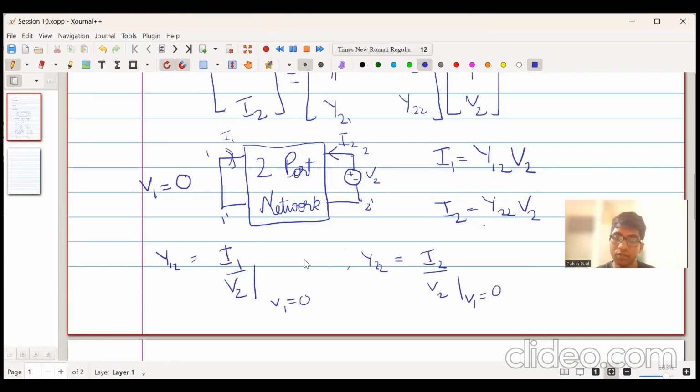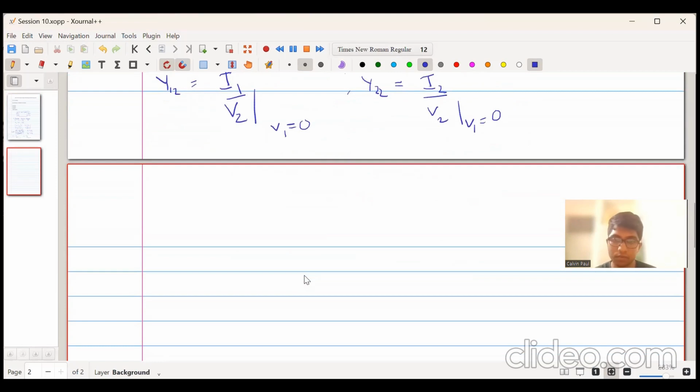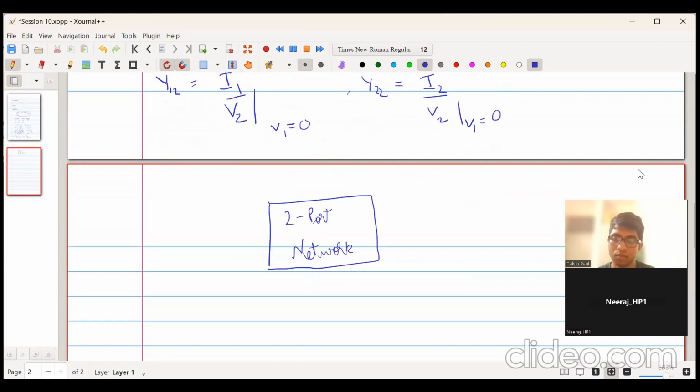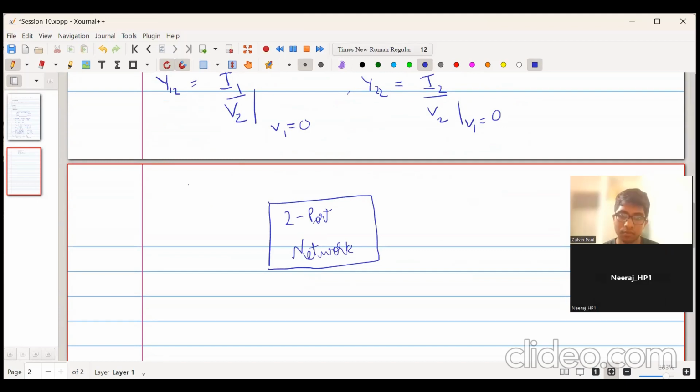So now we have found out Y12 and Y22. Now we want to find the other parameters of the network. Same as before, this two-port network is again given here, and now we will connect V1, and I1 also will be over here.